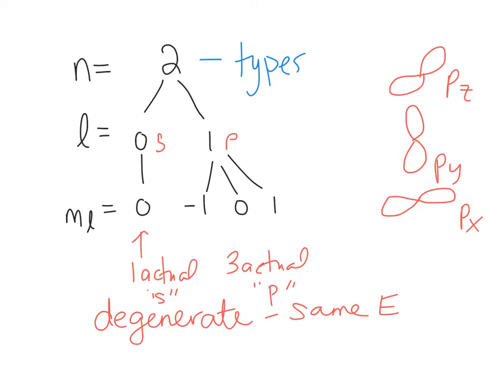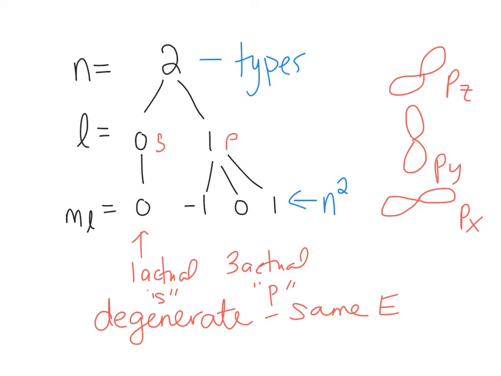When we got to how many actual orbitals there are on the energy level, we said it was n squared. So the second energy level squared is 4, and this is the 4.